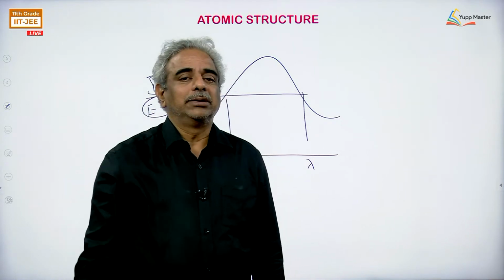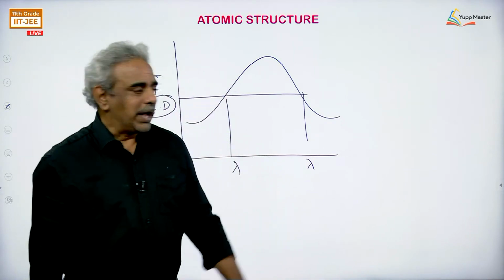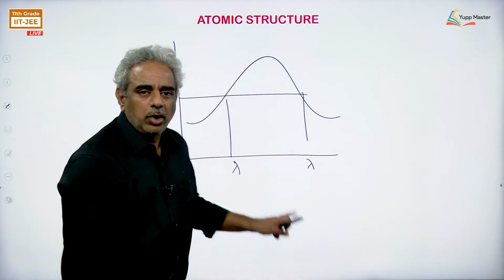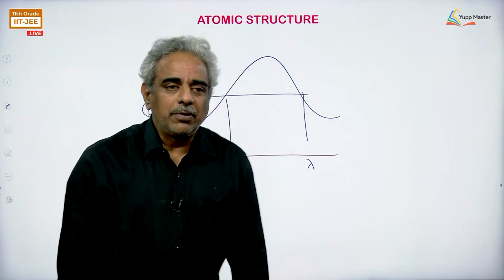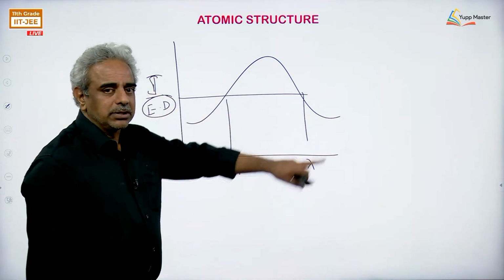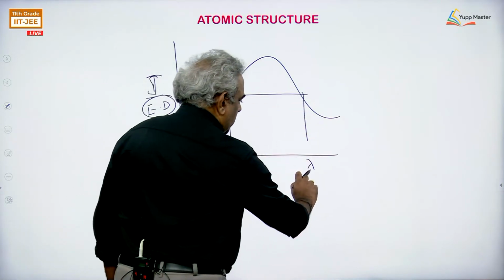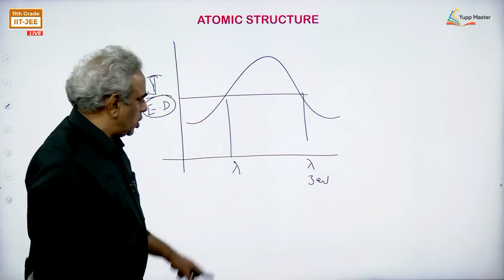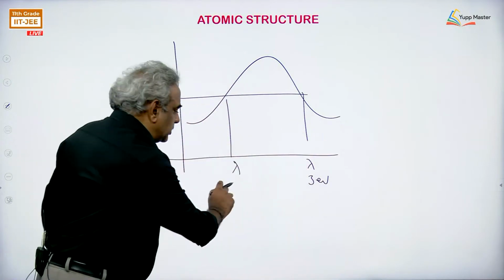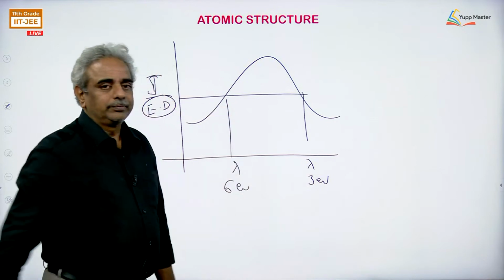Hats off to Planck. High wavelength, low energy, low wavelength, high energy, classical physics. But why same intensity, energy density? Suppose high wavelength means low energy, 3 electron volts. Low wavelength, high energy, 6 electron volts.